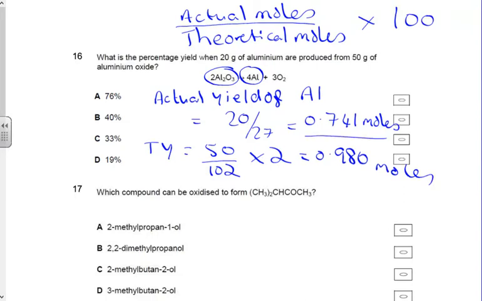If I divide the 0.741 by 0.98 and multiply by 100, this will give me my percentage yield. And the percentage yield for question 16 is 76%, which is A.